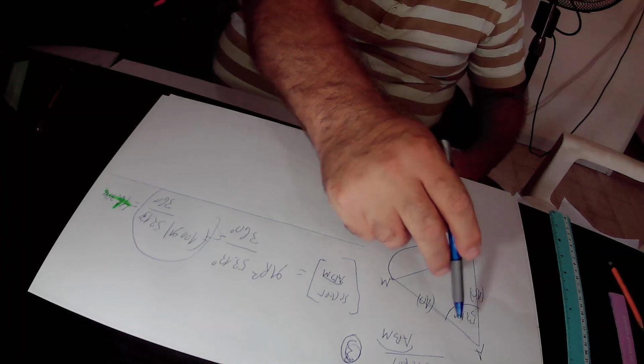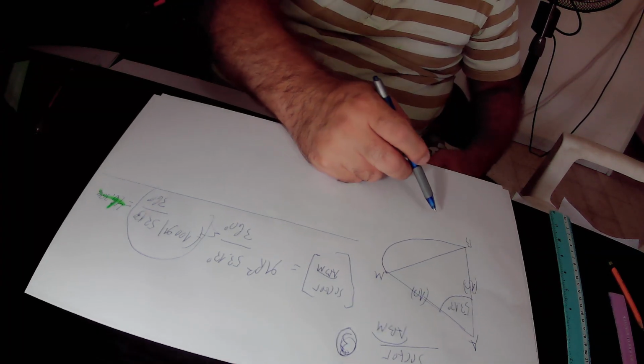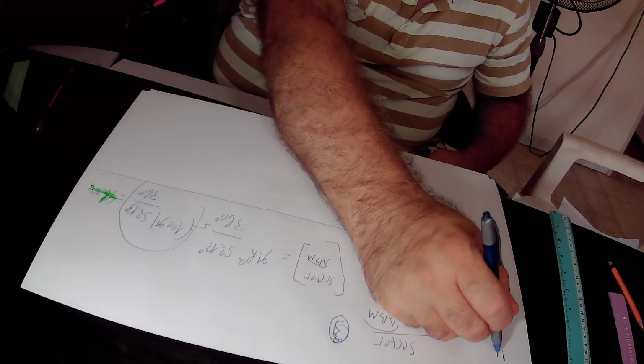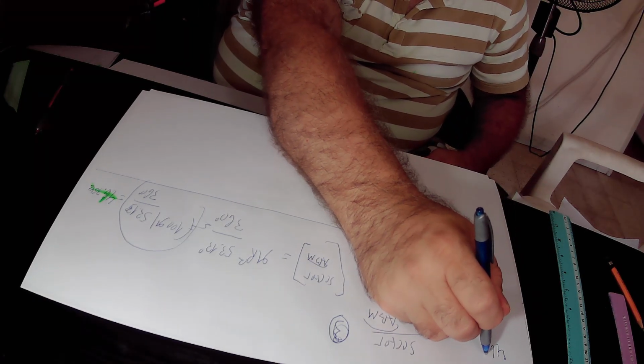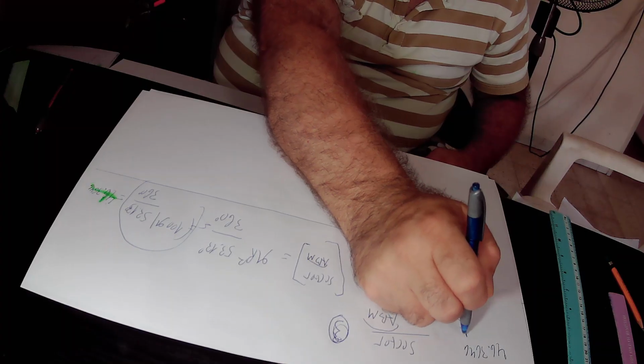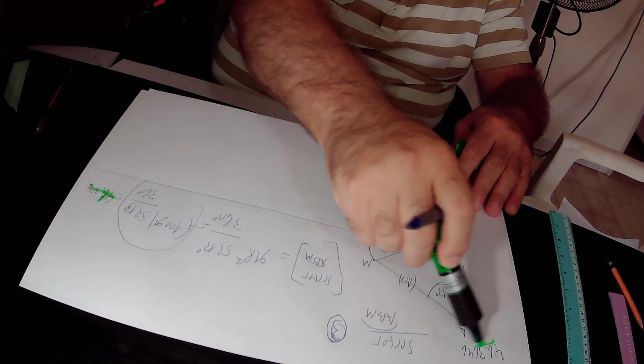So the area of this sector AMB or ABM equals 46.3646 square units in size.